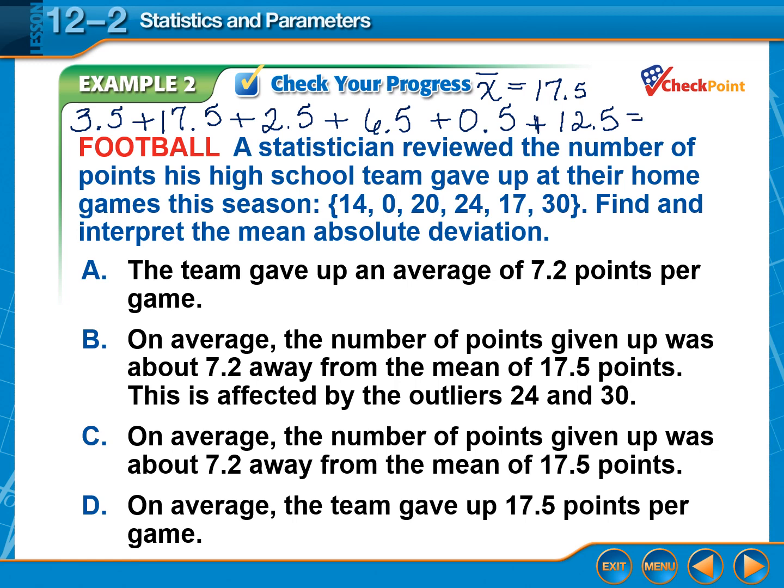All right, so that's going to be 3.5 plus 17.5 plus 2.5 plus 6.5 plus 0.5 plus 12.5 equals 43. All right, and then I'm going to say 43 divided by the total number of differences I have. So I have 1, 2, 3, 4, 5, 6, divided by 6. And that's equal to 7.16 repeating, right?